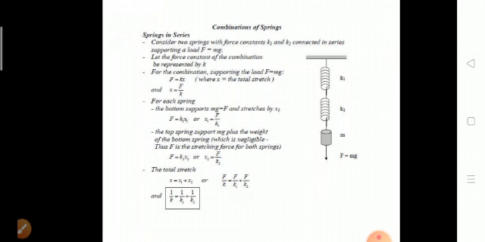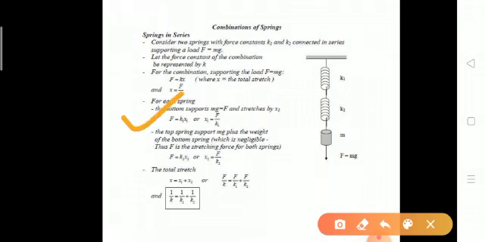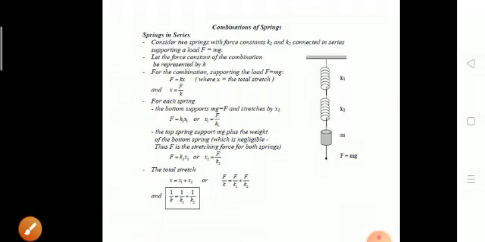What is happening here is that you are applying the same force to both the springs. Then your force is equal to spring stiffness into deflection, and your deflection is divided into two parts.